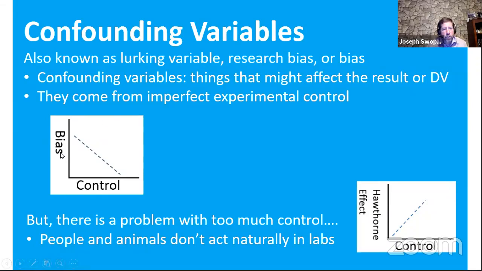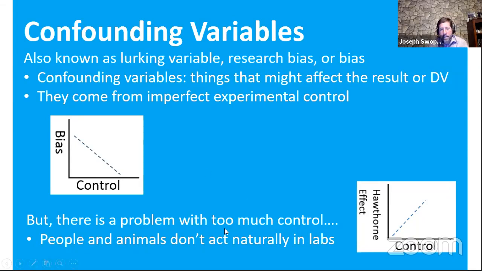And if you look at this first graph, it's a nod to yesterday, meaning the more control you have, the less bias. And this is going to lead an experiment to this word we're going to talk about today called causality. If you can eliminate every other variable except the independent variable, and then if there's a change, we know the change was caused by the independent variable, not by anything else. And we're going to give a few examples.